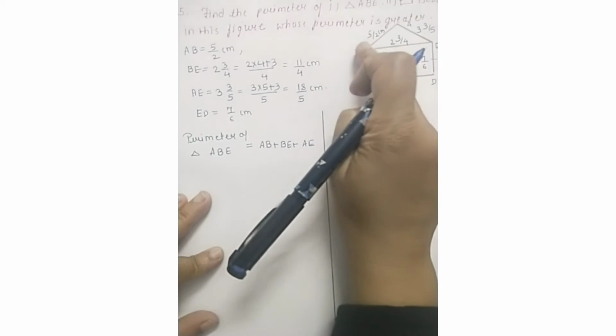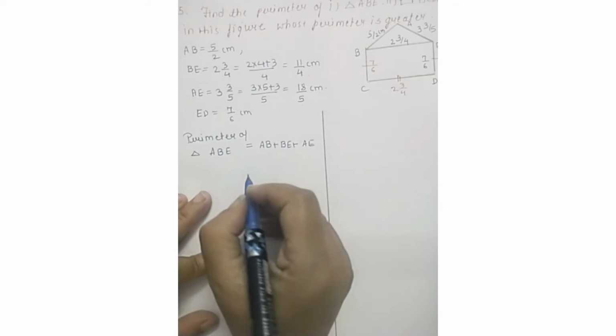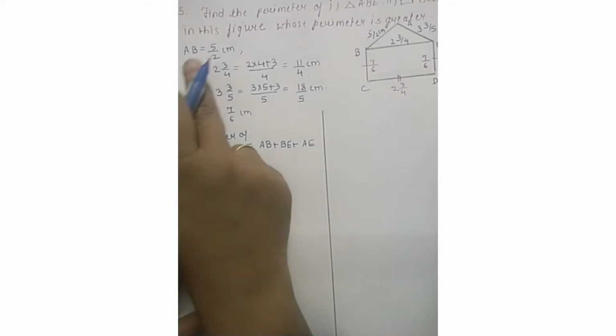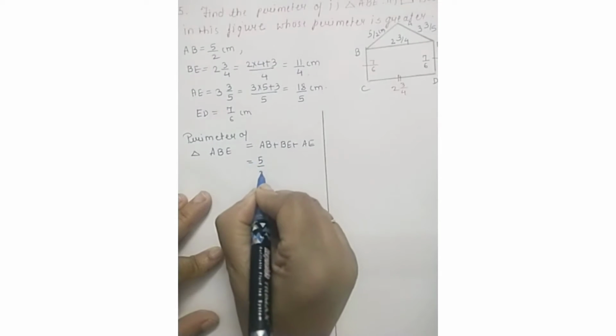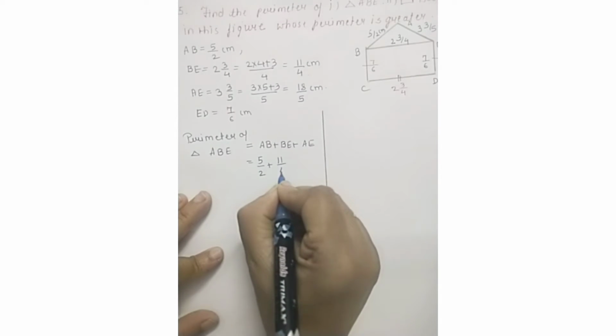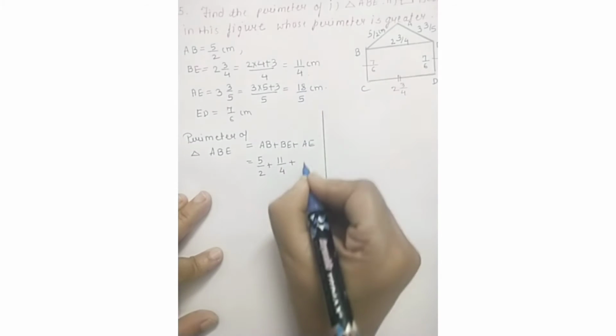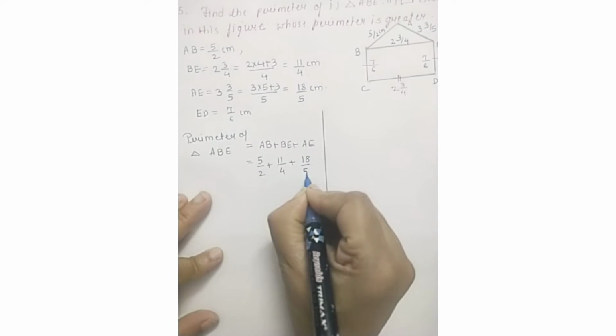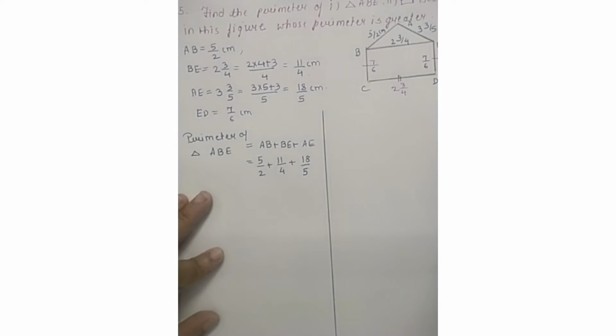This side plus this side plus this side. Already we know that AB is 5 by 2 centimeter, BE is 11 by 4 centimeter, plus AE is 18 by 5 centimeter.